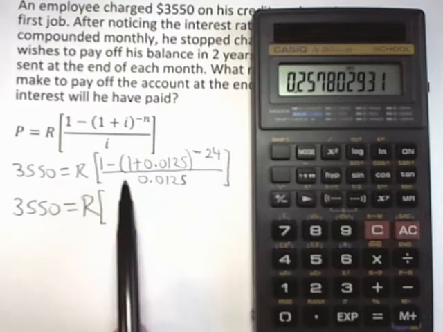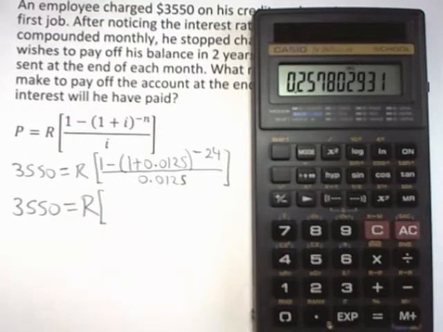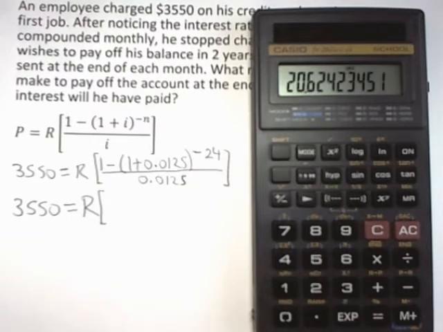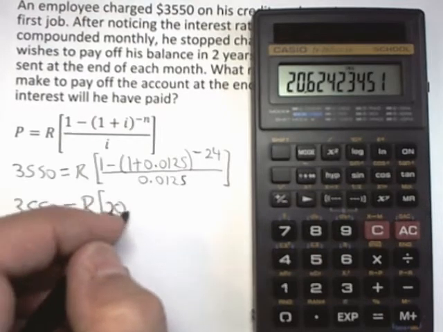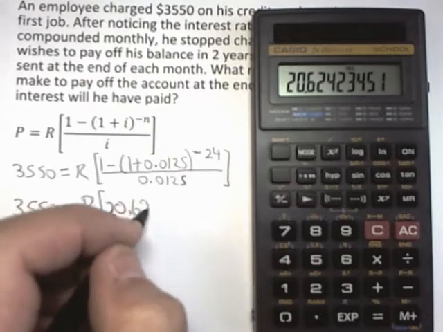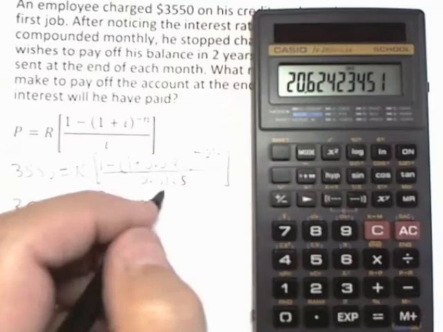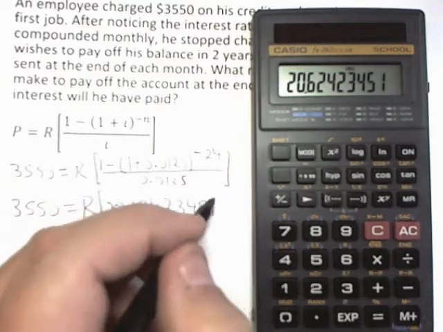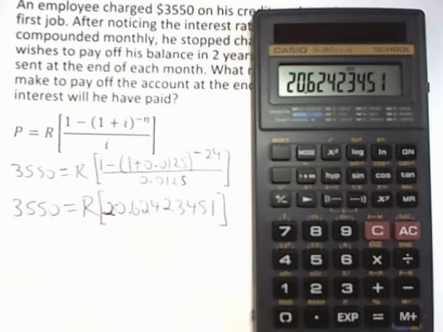So now we need to divide by whatever's in the denominator, which happens to be 0.0125 equals. So this quantity, 20.62423451. That's what we get when we do that calculation.